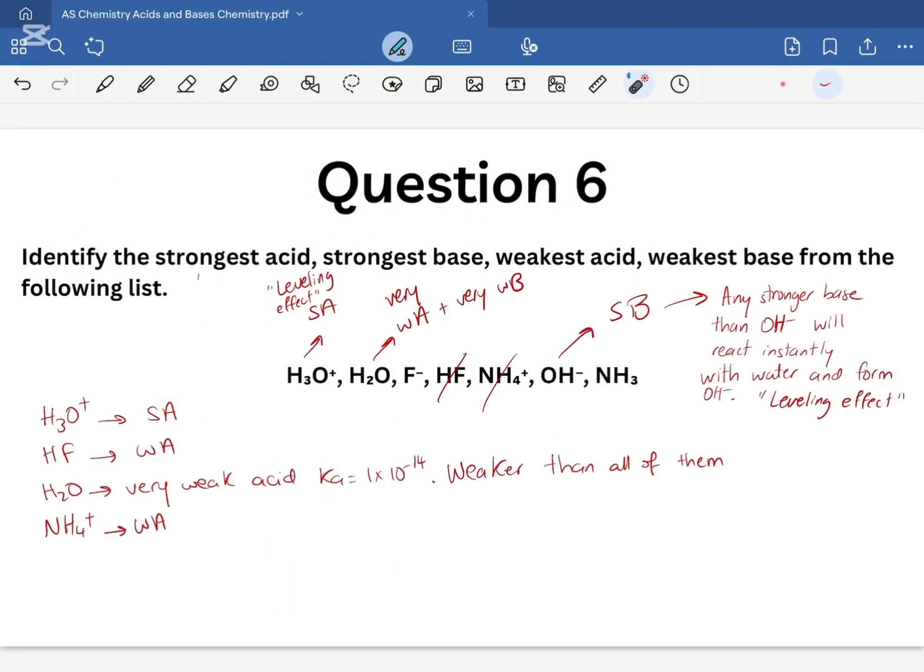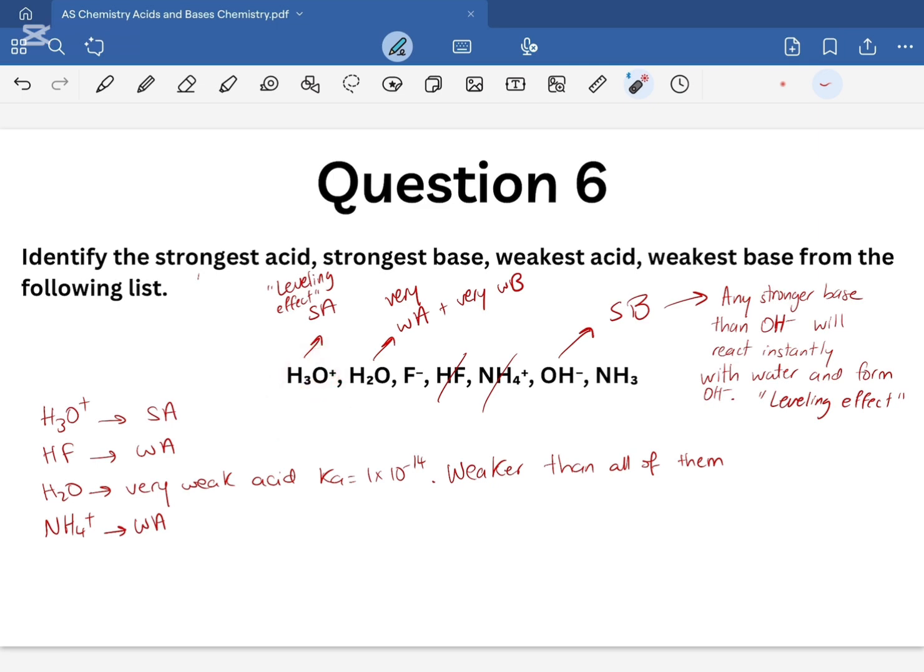Now for question 6, they said identify the strongest acid, strongest base, weakest acid, weakest base. So this is a similar question to the one we did before. Now we need to know that H3O+ is going to be the strongest acid, as any acid stronger than H3O+, whether it was HNO3, is going to give H3O+ ion.